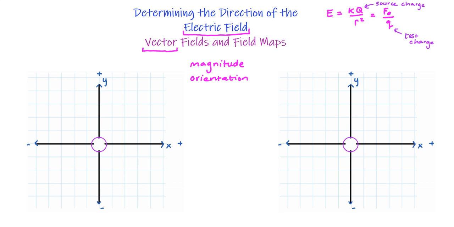All right, so because we're talking about directions and vectors, what I've done here is I've made two traditional Cartesian planes, and I placed my little source charge here in each example at the origin.